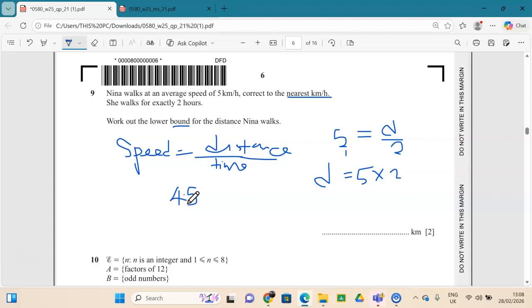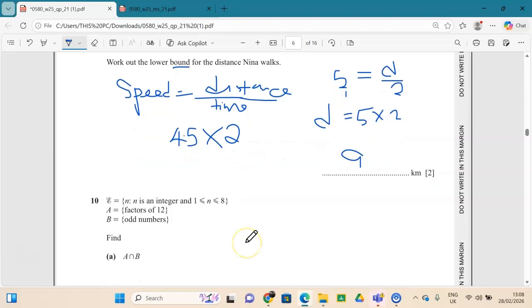Since we rounded to the nearest kilometer, if I want to get the lower bound, I'm going to subtract 0.5. If I want to get the upper bound, I'm going to add 0.5. But I'm looking at the lower bound, so I'm going to work with 4.5 multiplied by the hours, which is 2. Nobody told us that the hours is rounded, so we're just going to work with it this way. That will be 4.5 times 2, and that will produce 9 kilometers.